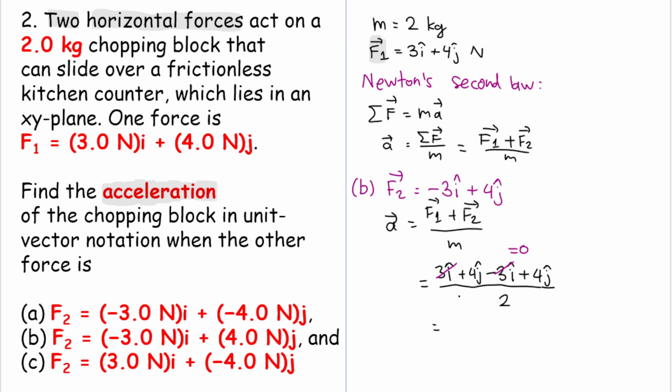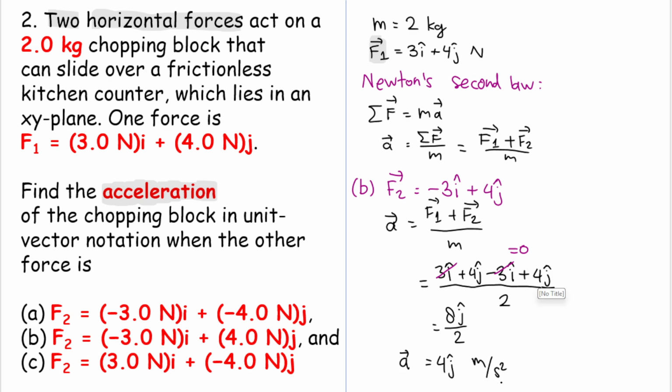That will be 8J. And divide that by 2. And we will have our final acceleration here. That will be 4J. So 4 in the J direction, or in the vertical direction. And the unit is meter per square second. Good. And that is the answer for question B.